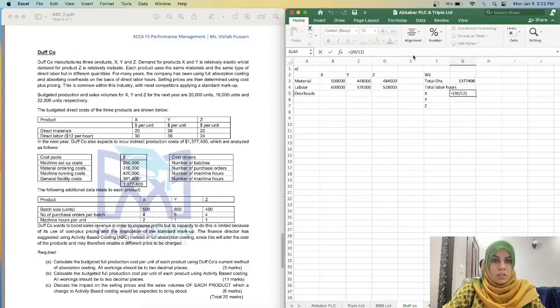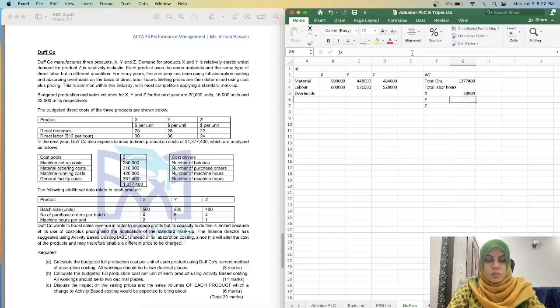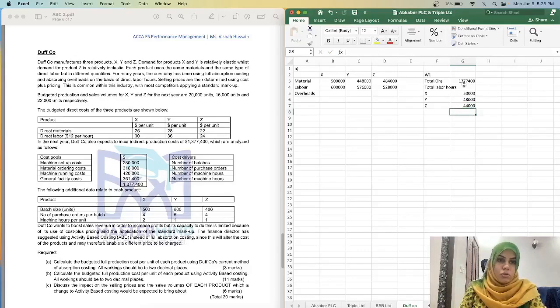Now since you have the hours per unit, simply multiply that by the number of units. Do the same for Y, 36 divided by 12 into 16,000. Then 24 divided by 12 into 22,000. This will give you the hours for each of the products.